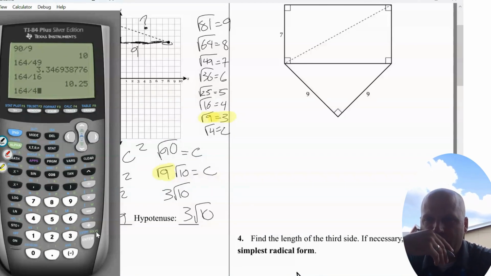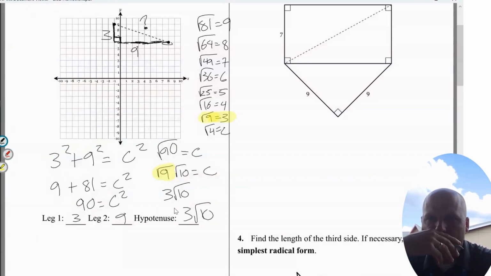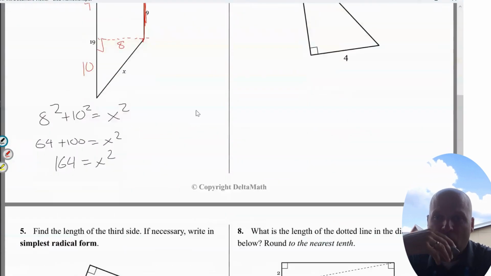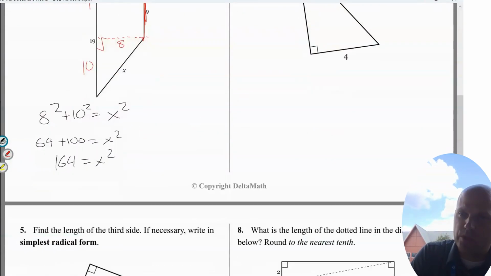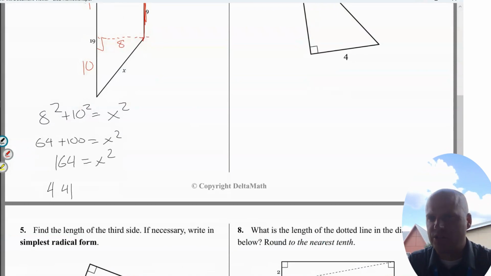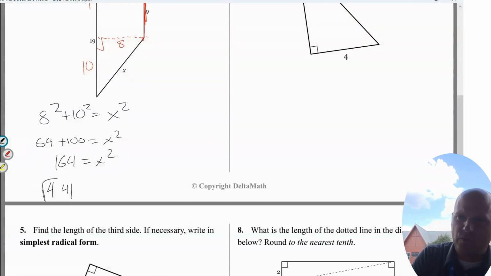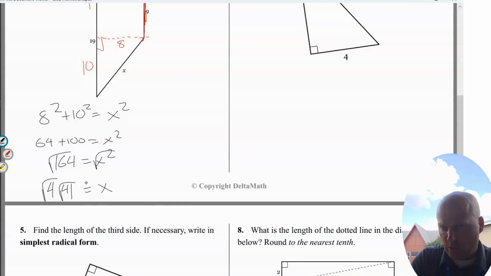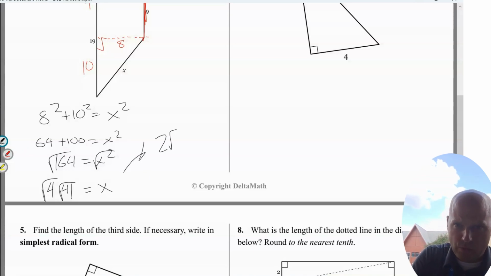But let's say I just give up and I just do 4. Actually, that does work. 4 ends up being the largest one. So we just saw that 4 times 41 is 164. That means root 4 times root 41 is root 164. Root 4 is 2. 2 root 41 wins.